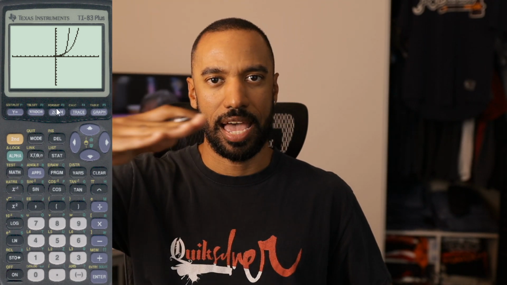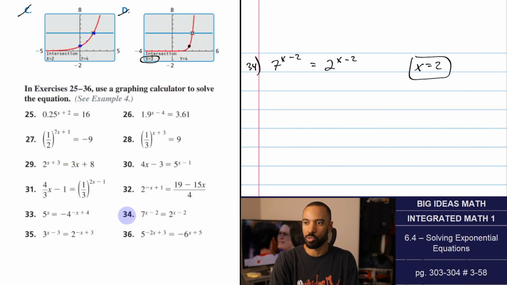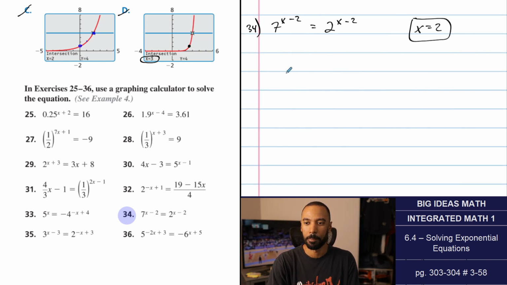So you can't really see it as well, but this is 7 to the x and 2 to the x, but they're shifted just over to the right a little bit. So instead of intersecting at x equals 0, they intersect at x equals 2. They both share a y value of 1 here. So x equals 2. Now this one, as far as double check goes, 7 to the 2 minus 2 is 7 to the 0, which is 1. 2 to the 2 minus 2 is 2 to the 0, which is 1. So they both share that value.